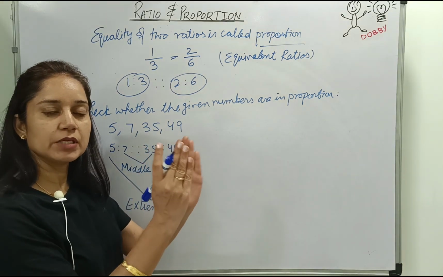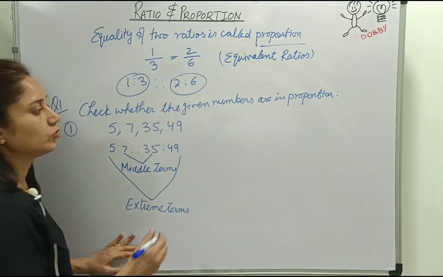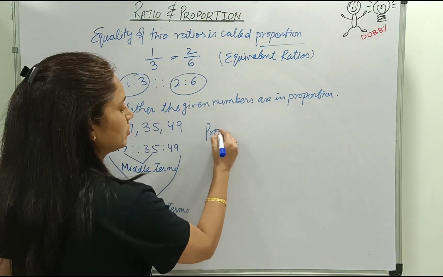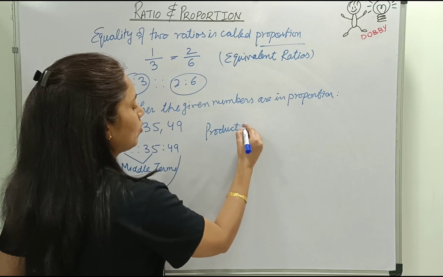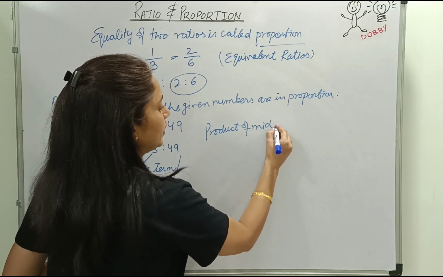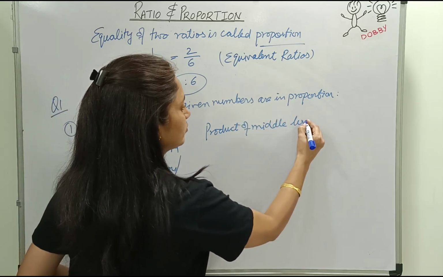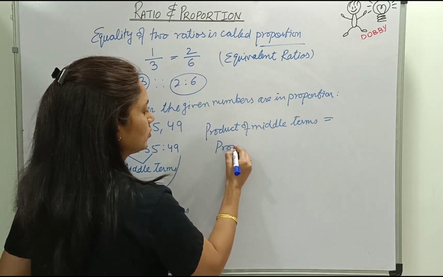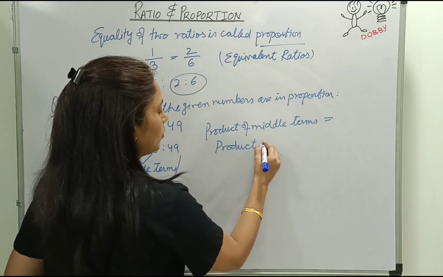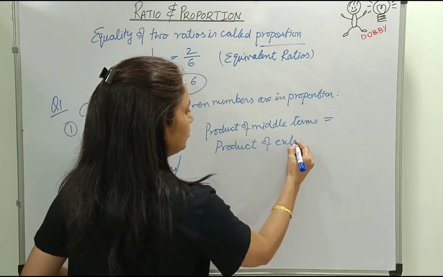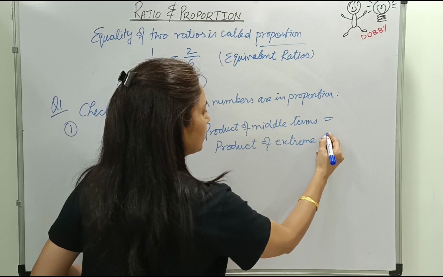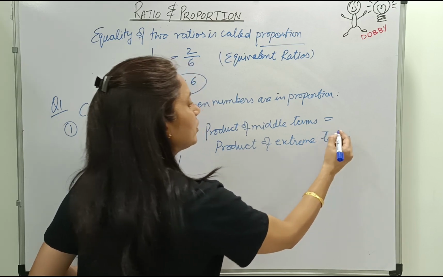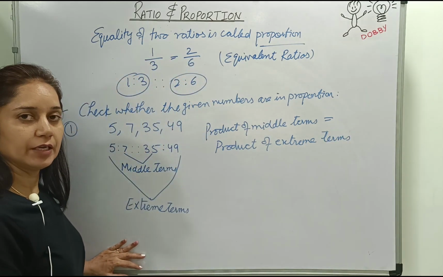Inner ones middle terms, outer ones extreme terms. Now the rule says if the product of middle terms is equal to the product of extreme terms, then the four given quantities will be said to be in proportion.